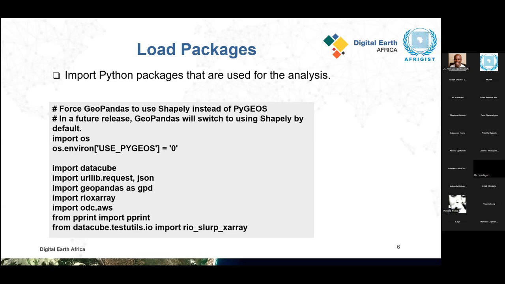You have to import the os.environ, use PyGEOS, import Datacube that will enable you to have access to the catalog of imagery, import urllib.request, json, import geopandas as gpd, import rioxarray, import odc.aws, from pprint import pprint, from datacube.testutils.io import rio_slurp_xarray.